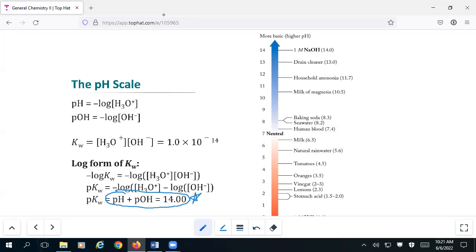So getting familiar and comfortable with turning hydroxide concentrations into hydronium concentrations, pHs into pOHs, kind of going all the way around this rectangle of familiarity here.